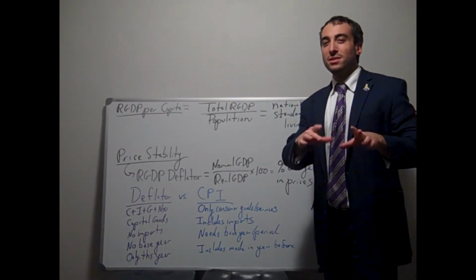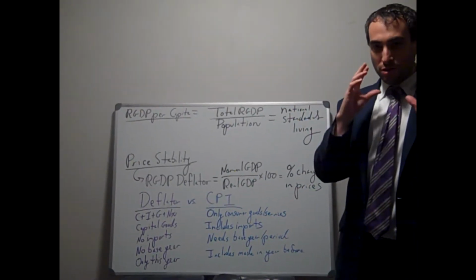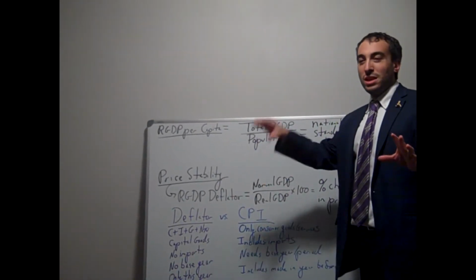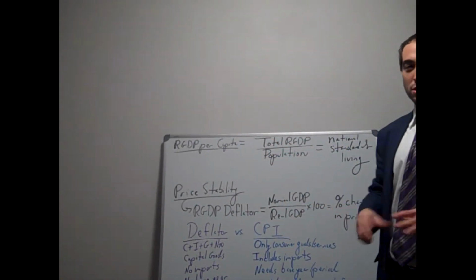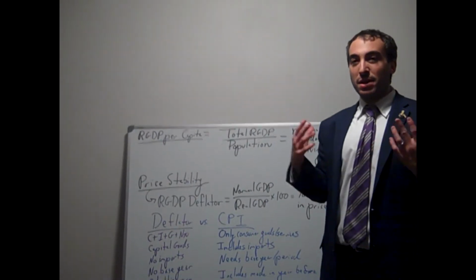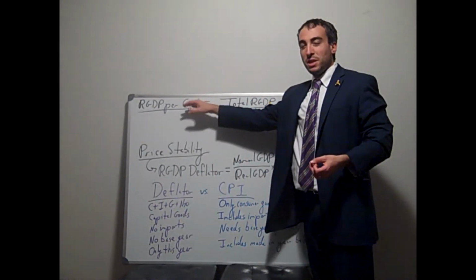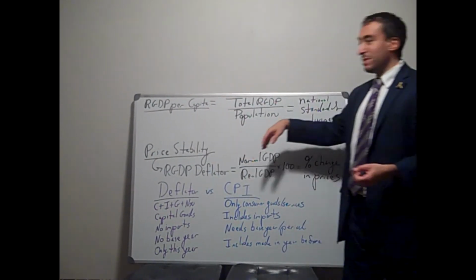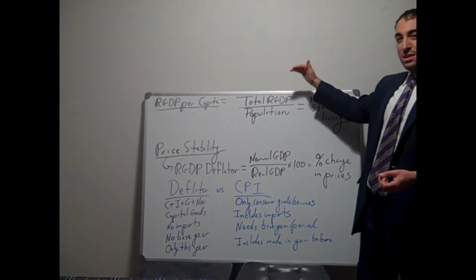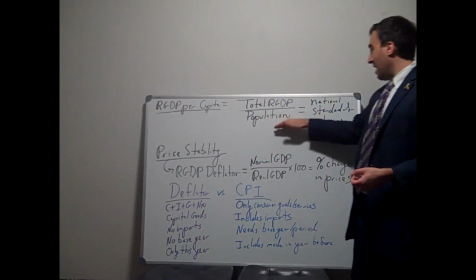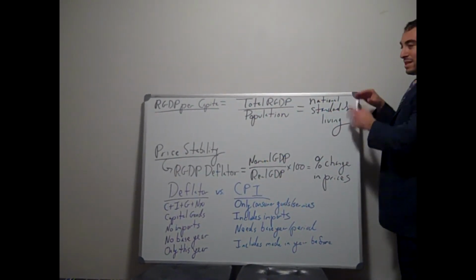So the final 2 things we can do with the total real GDP, again, the most important thing we do is the growth rate. But we could also tell 2 other interesting things about economic health of the country with it. One is what is called real GDP per capita, in which we take that total massive trillion dollar number divided by the population, and what we have is our national standard of living.